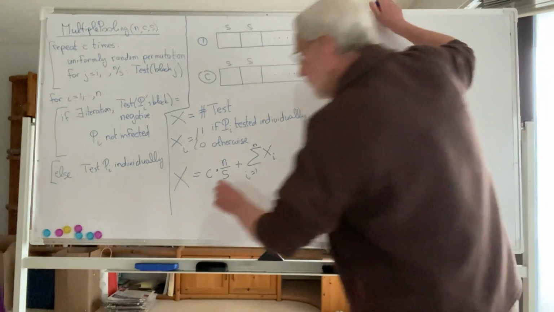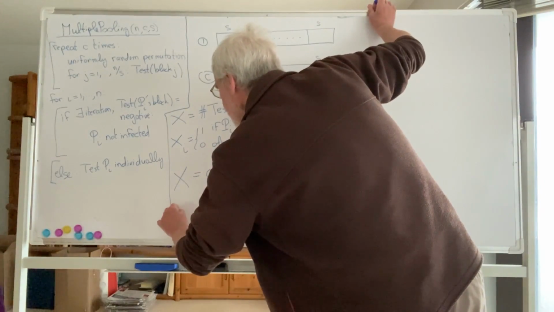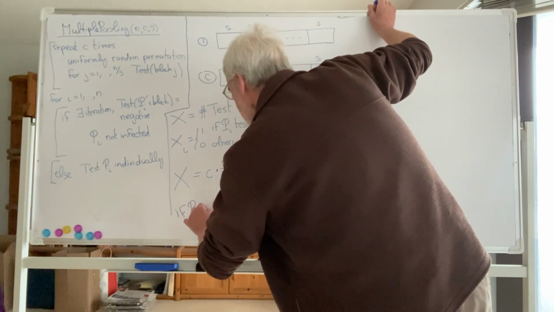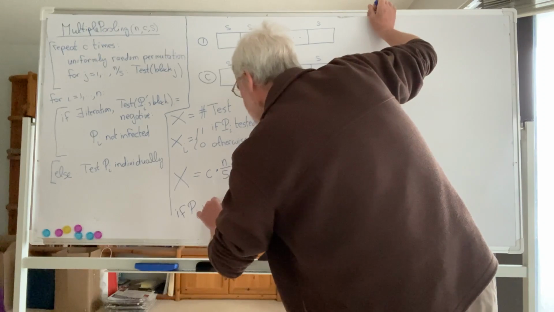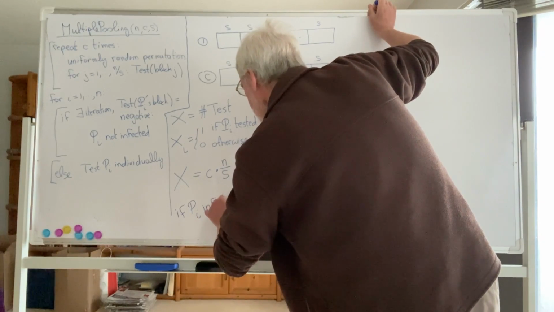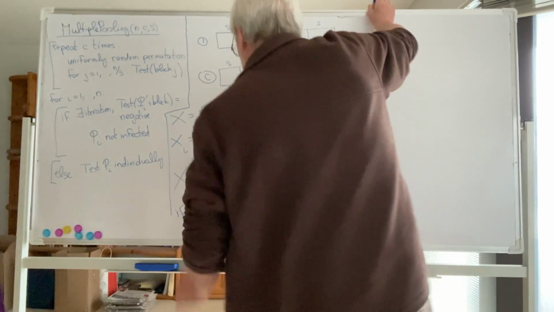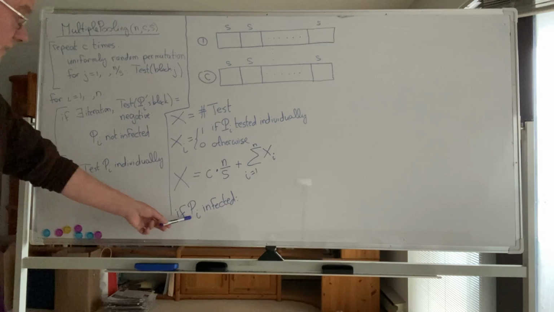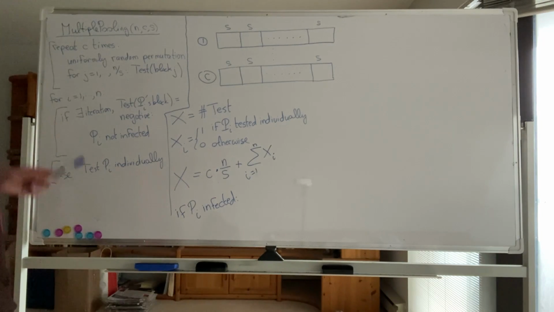Okay, now as before, if person i has been infected, so this person does have COVID, then Xi is always equal to 1. And why is this? Well, take a person who has been infected. We repeat this c times.